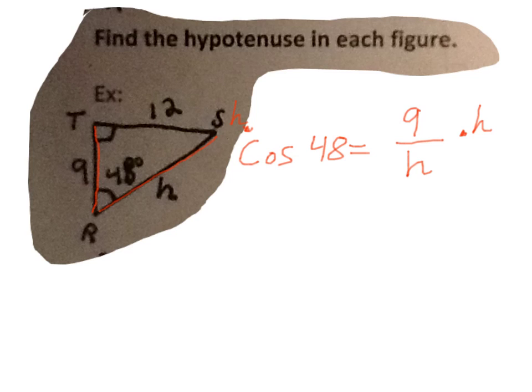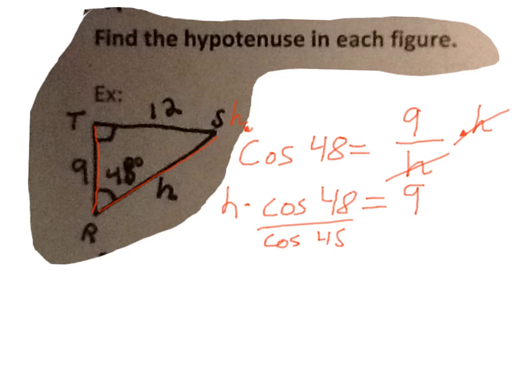Okay, and on the left, I get h times the cosine of 48, just a number, equals, these h's cancel out, equals 9. And then I want to get h by itself, so let's divide by cosine of 48.